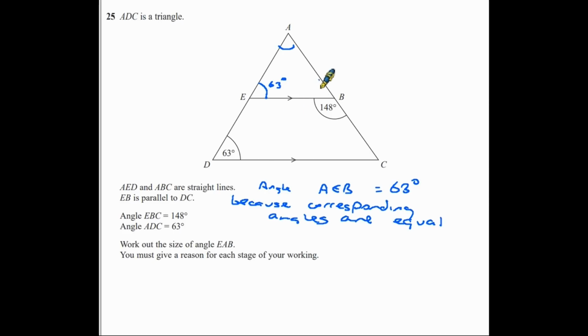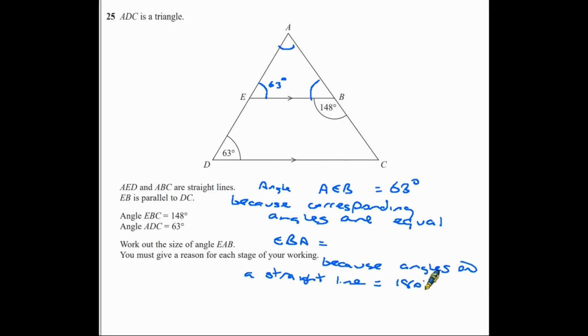Now let's have a look at this angle here. This is EBA. Now this, we're going to use the rule, and again it's worth writing this out, angles on a straight line equal 180 degrees.